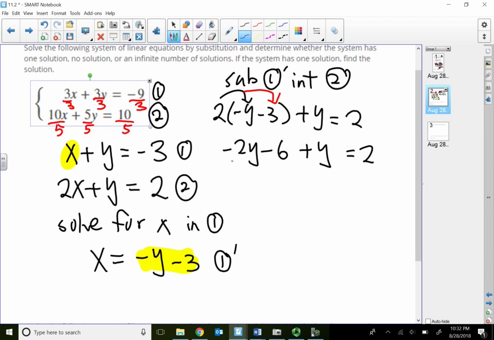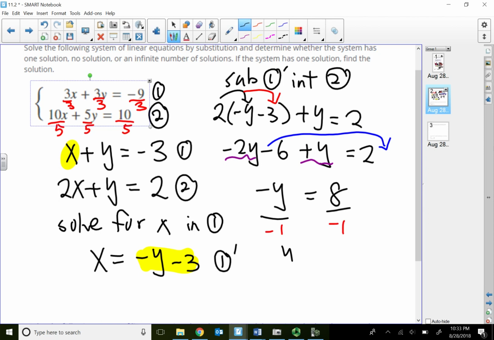Combine like terms, negative 2y plus y is negative y, all right? At the same time, what I can do is move my negative 6 over. That will become positive 6 on the right side. So 2 plus 6 will be 8. Divide both sides by negative 1. My answer, y equals negative 8.